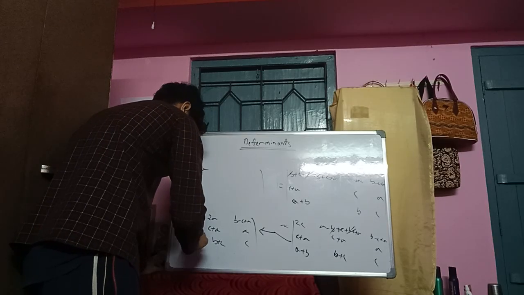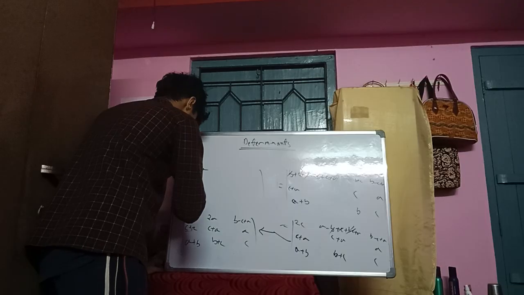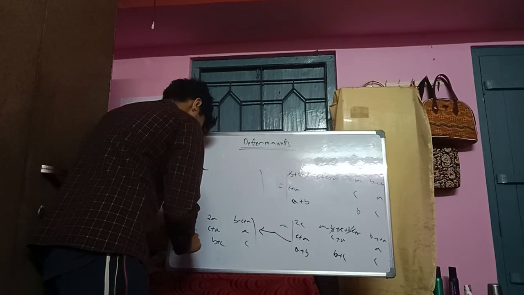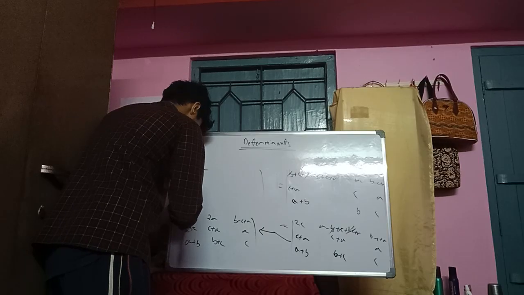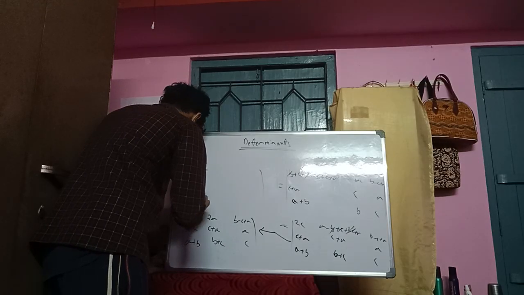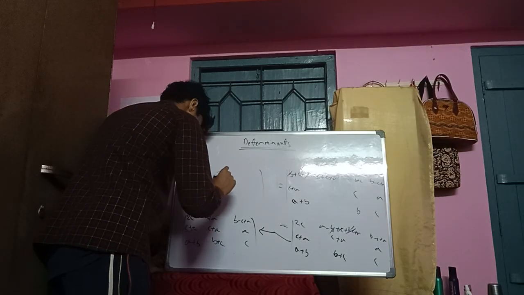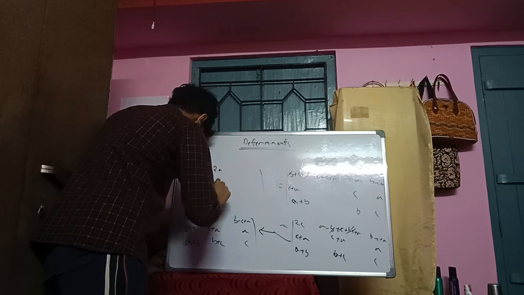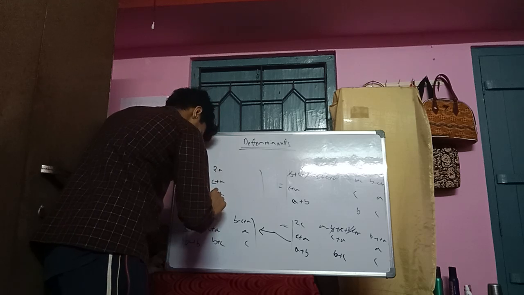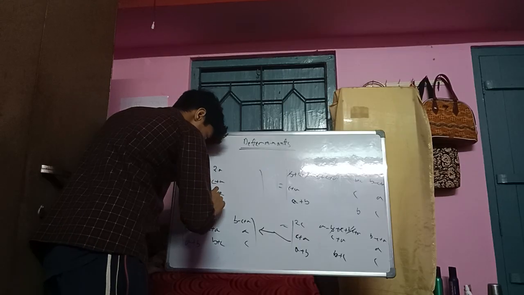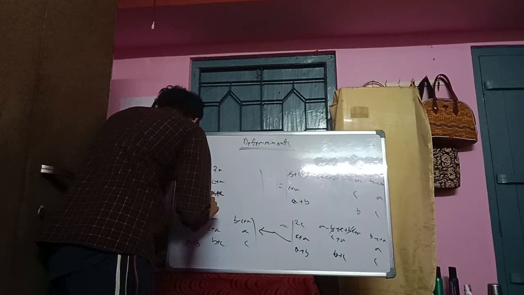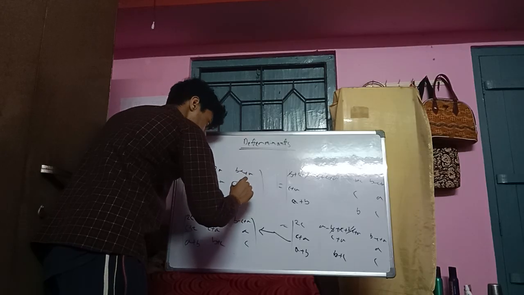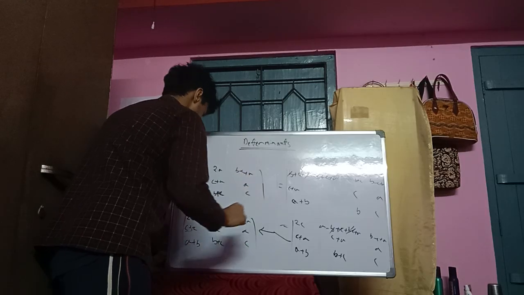We have CA and CA here, so subtracting this would give us 0. AB and BC here, so subtracting this from this would give us A minus C, and everything else would stay the same. 2A, C plus A, B plus C, B plus C, B minus C plus A, C. Okay.